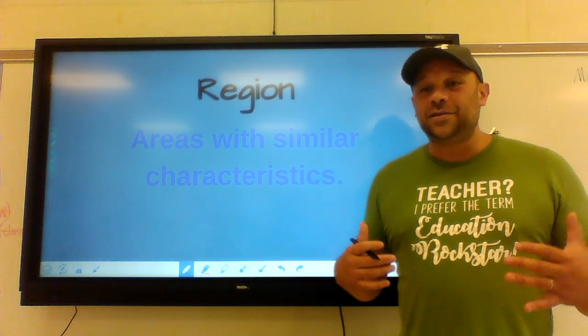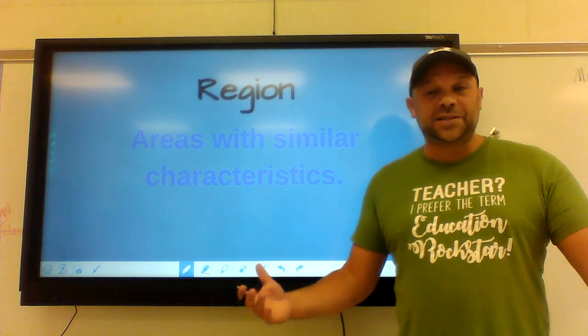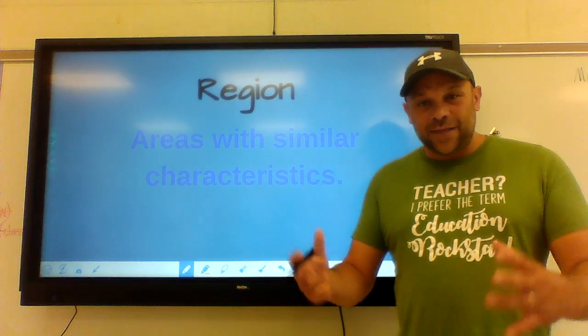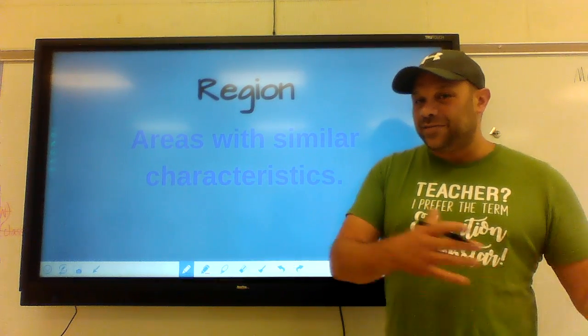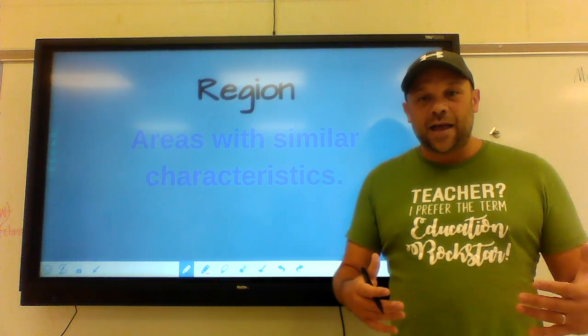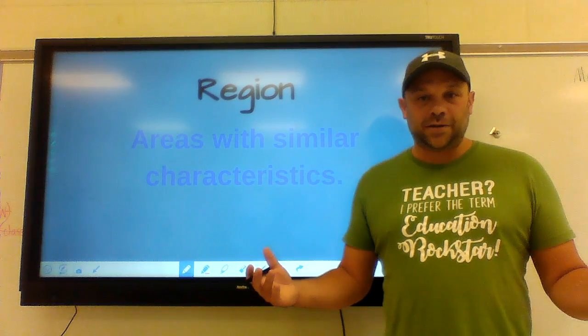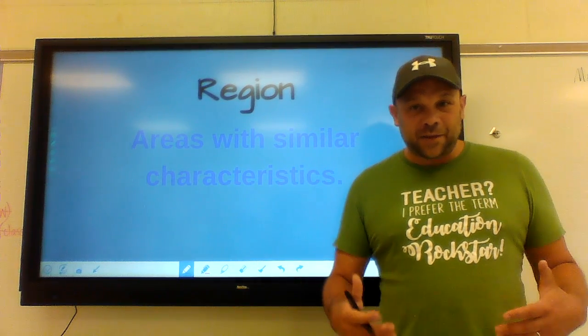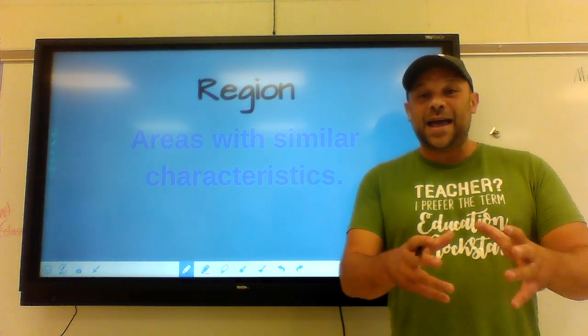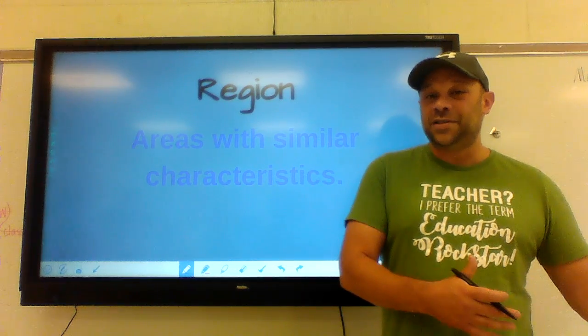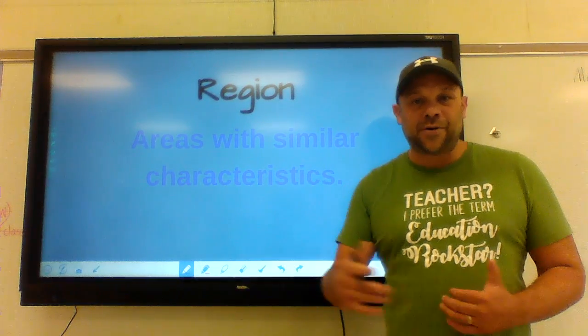Things like delivery area for a pizza chain or something like that. You live in that zone, they'll deliver food to you. If you live outside of that area, they won't. That's a functional region. School zones are like that. You attend North Stanley Middle because you live in a certain area. That is your region that allows you to come to this school rather than another school in our county.